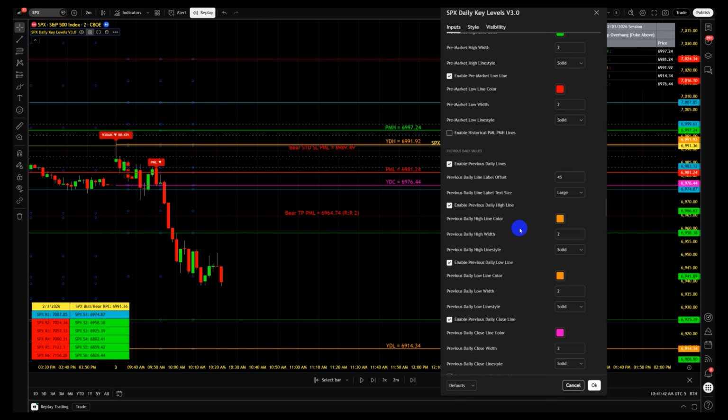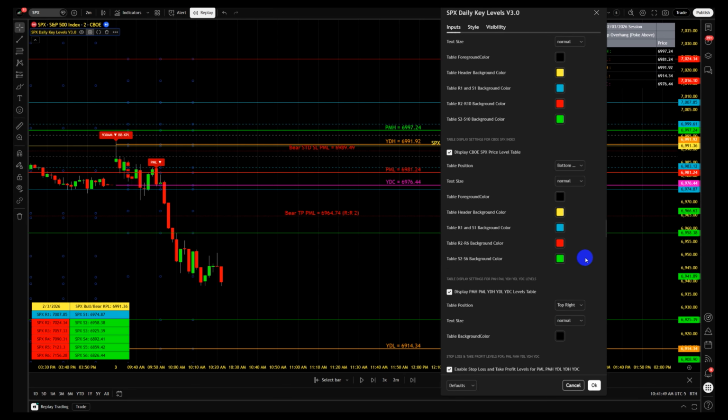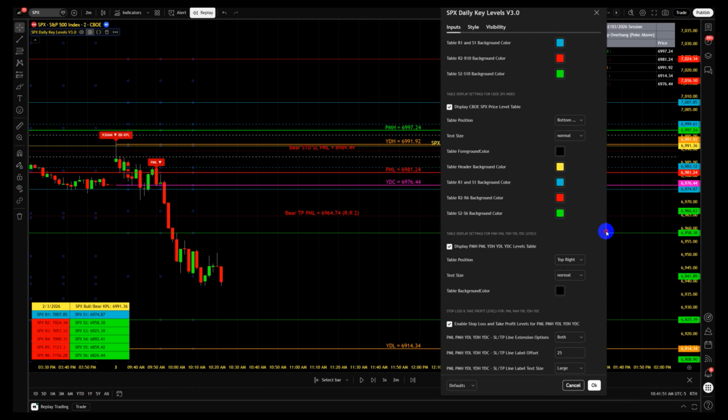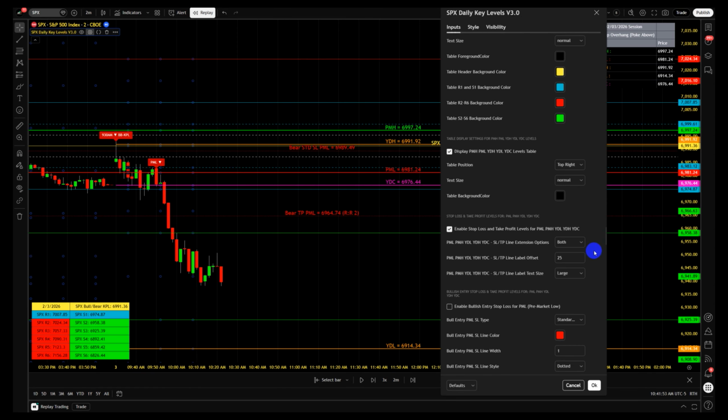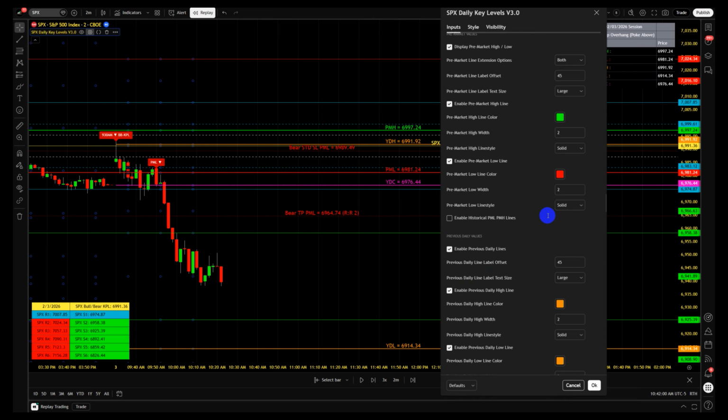The YDH, YDC, and YDL, they're all a group by themselves. And stop loss and take profit for any one of those down in this section is also its own group. So as you can see here, this is set at 25, whereas these are set at 45. That's why these are over here instead of over here.